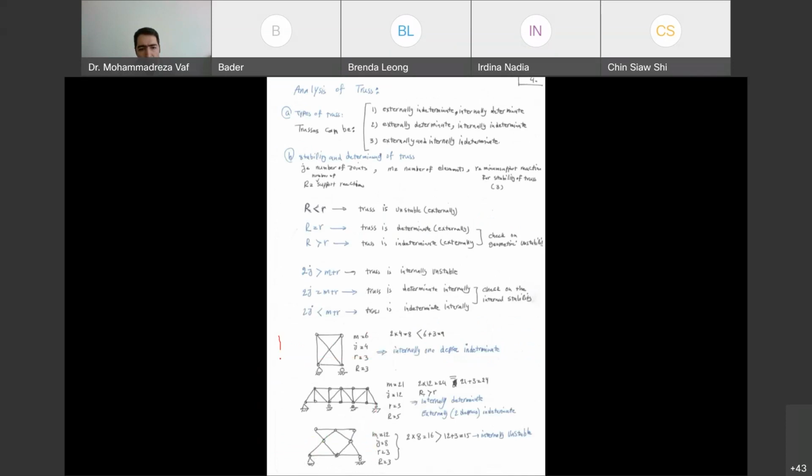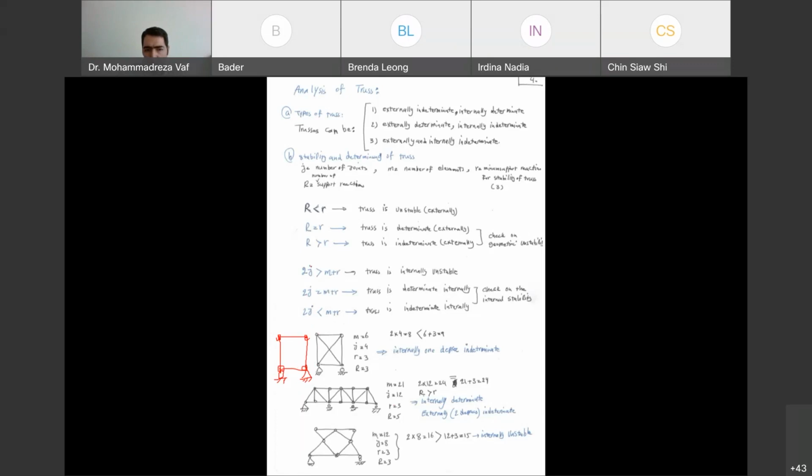Okay, let's say we have a truss like this one. Here we have 1 pin and 1 roller joint. So these are our joints. We want to see whether this truss is stable or not. Again, we can calculate 2J.